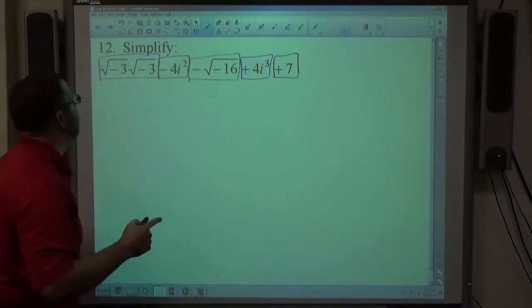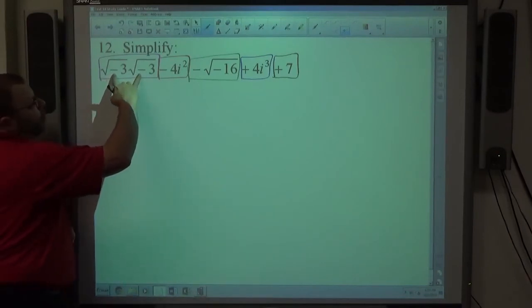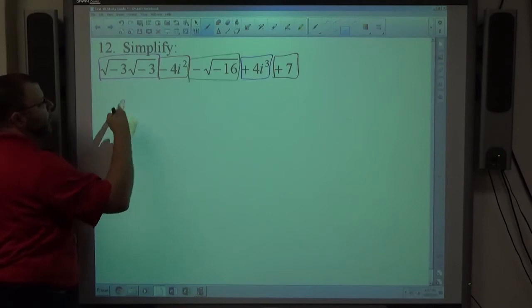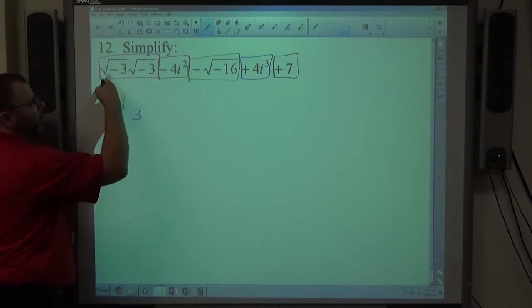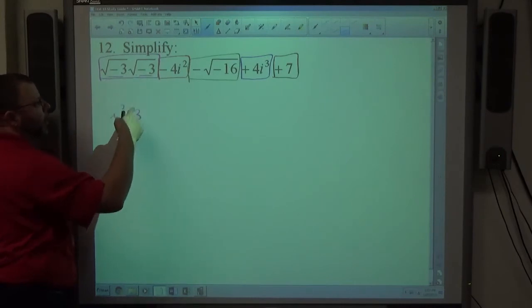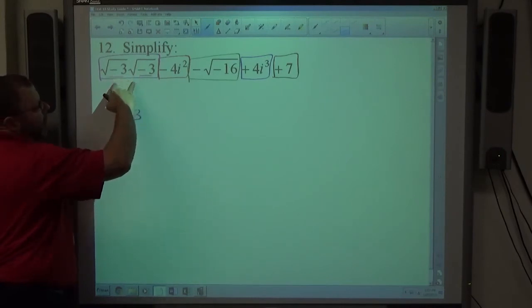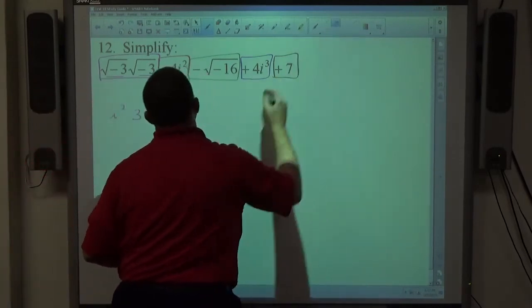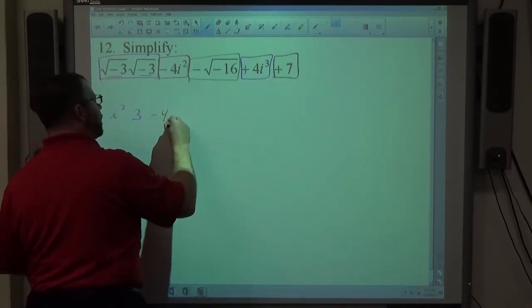So, first off, I get negatives inside of radicals. Those both create i's. I for this makes a total of i squared. Square root of 3 times square root of 3 makes 3. So the square root of 3 times itself makes the 3. The 2 negatives in the radical create i's, so i squared. That gets that taken care of. I'm going to go ahead and write this minus 4i squared for now.